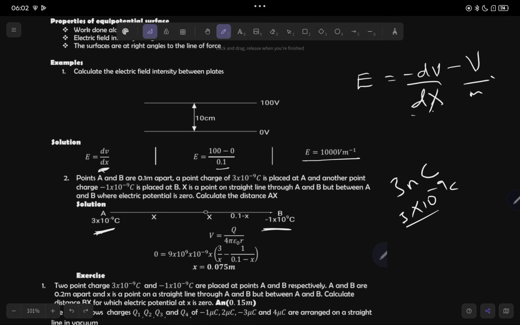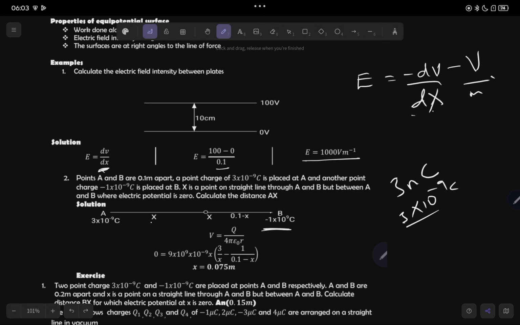We shall establish how far it is from A and B. Let the distance between A and X be x. From A to B it was 0.1 meter. So the remaining distance is 0.1, the whole distance AB, minus AX, or 0.1 minus x.